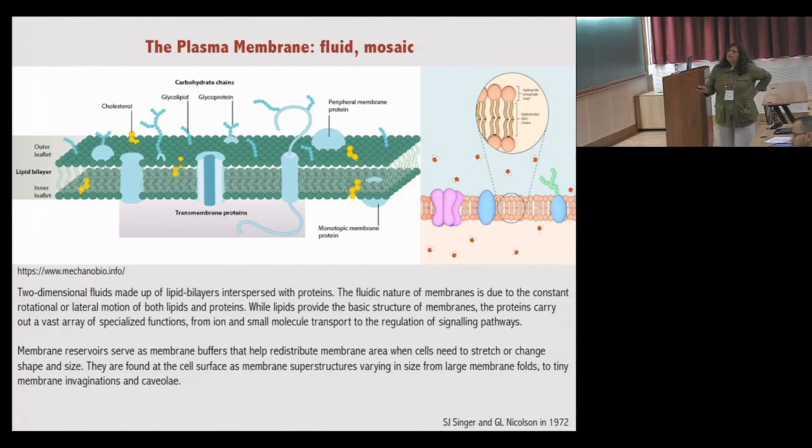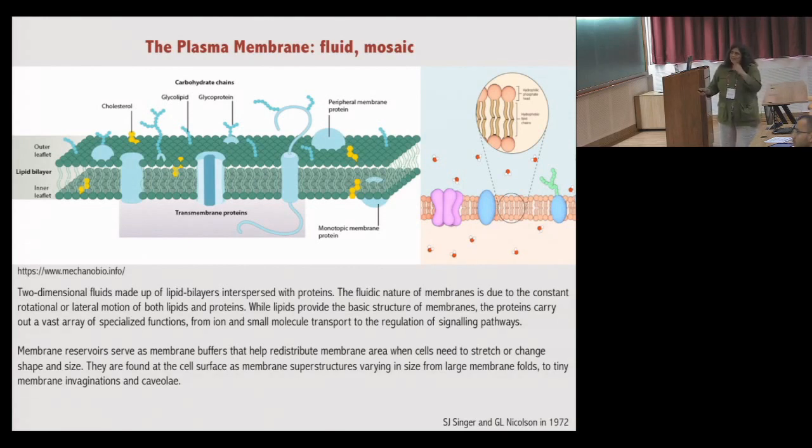Typically, we think of this plasma membrane as a fluid mosaic membrane. And the fluidic nature of membranes is because of the rotational and motion properties of lipids and proteins.